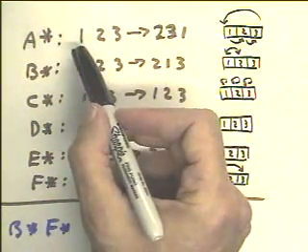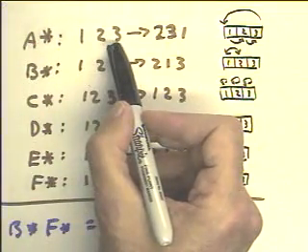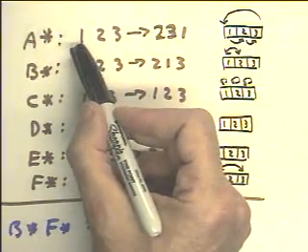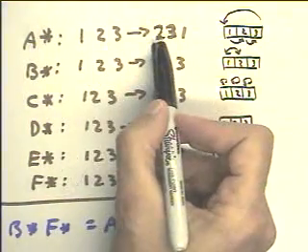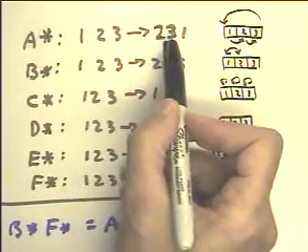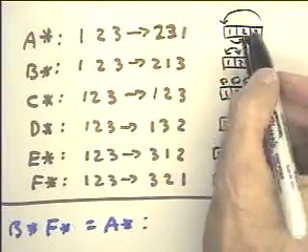So the reordering will be to take the first, second, and third objects, whatever they might be, and move the first object to the last position, the second object to the first position, and the third object to the middle position. Now we illustrate that with the following picture.